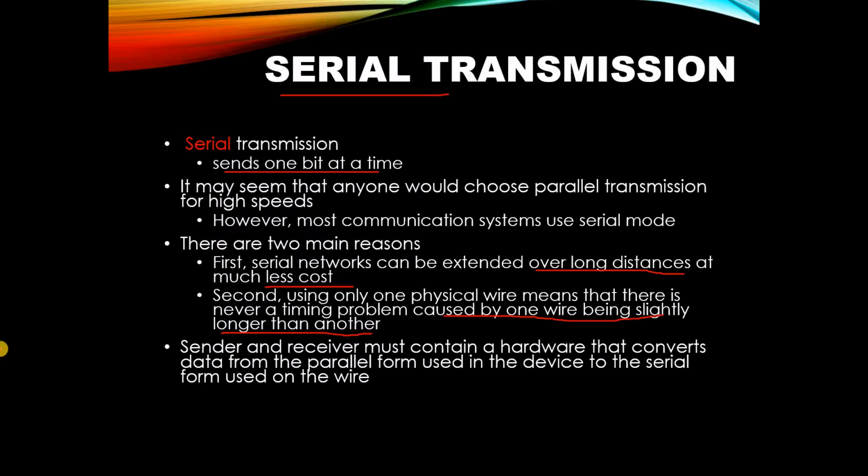Assume that there are 4 bits being transmitted in parallel. 4 different cables are transmitting 4 different bits, 1, 0, 1, 1. At the same time all the 4 bits are traveling. Which transmission is this? I am asking you again. It is a parallel transmission.